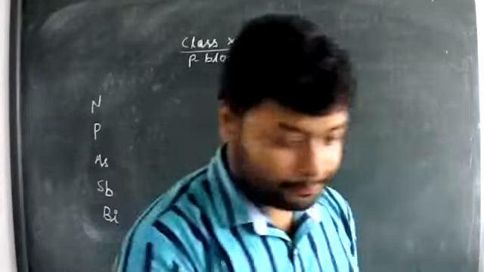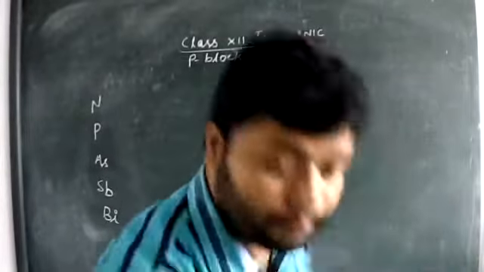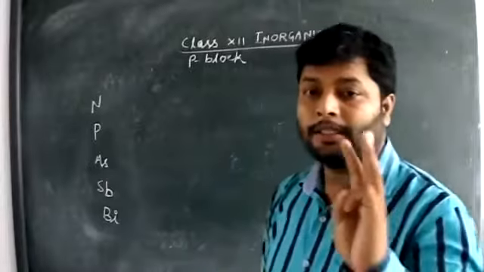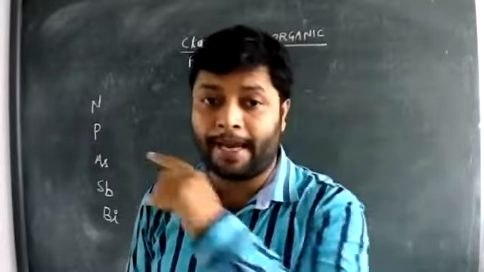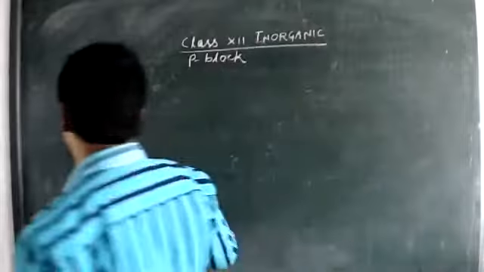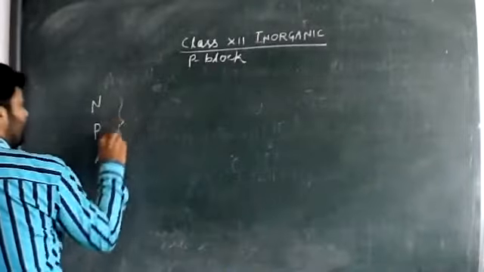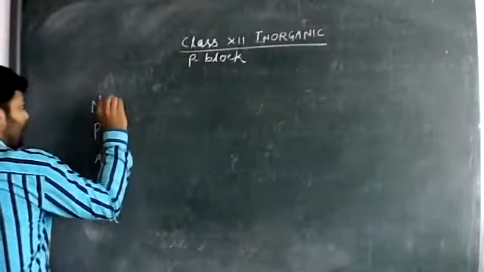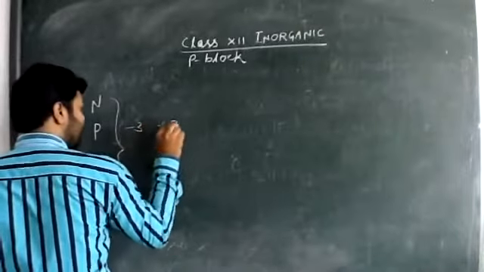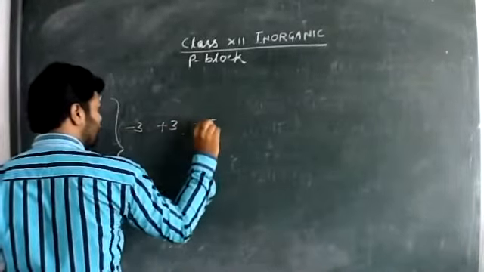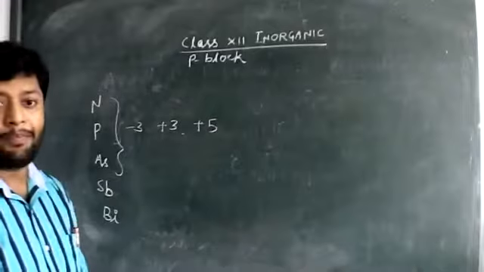Class, actually, there are three different oxidation numbers majorly shown by the elements, that is -3, +3 and +5.